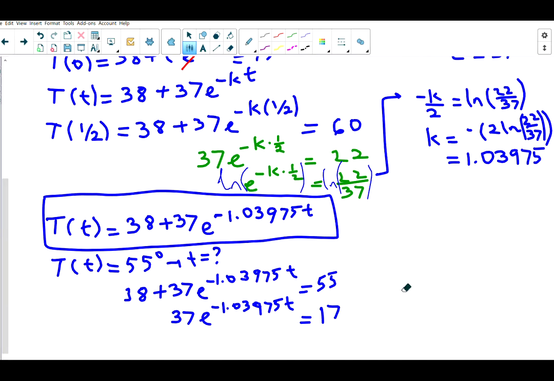So from this point forward, I think everybody knows how to solve for t. So let me give everyone a few moments to solve for t, and please come back and check your answer. So we're going to apply ln to both sides, and then this comes down, then divide everything by that constant up front. So basically, t turns out to be, so you apply ln to both sides.